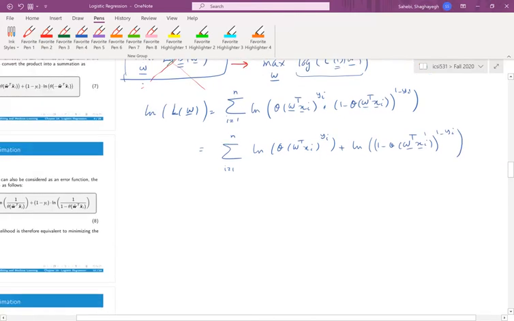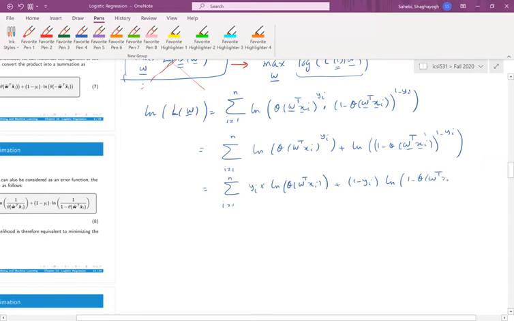And then if I take the ln of this one, because it's the theta to the yi, it's going to be equal to the sum from i equals 1 to n of yi multiplied by ln of theta of W transpose xi, plus 1 minus yi times ln of 1 minus theta of W transpose xi.